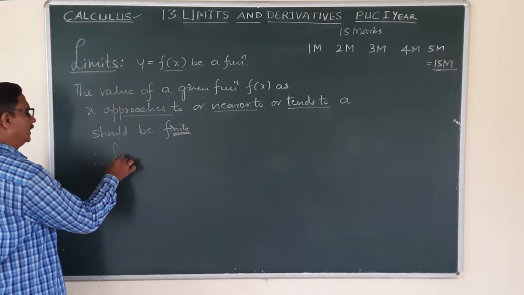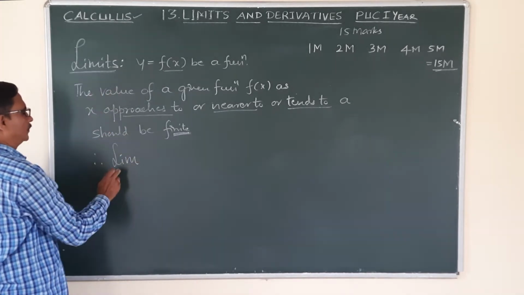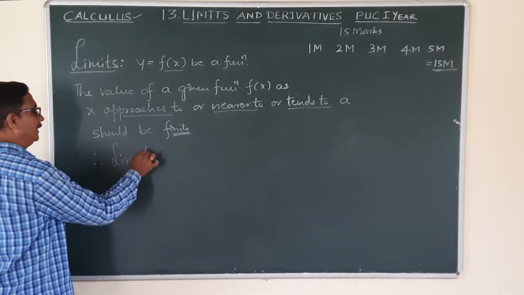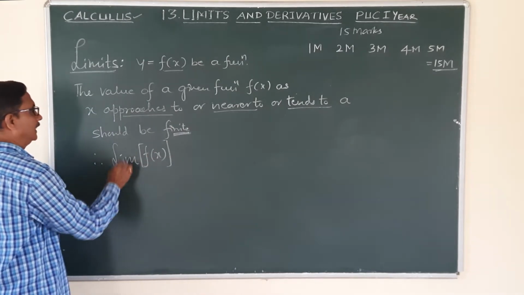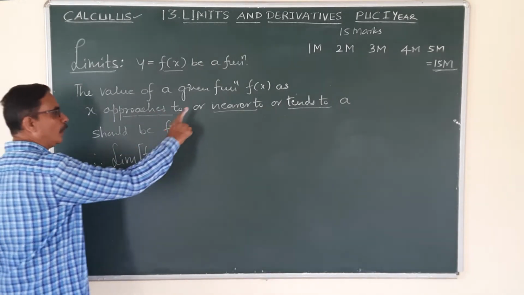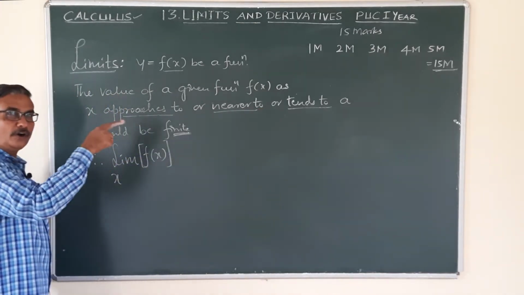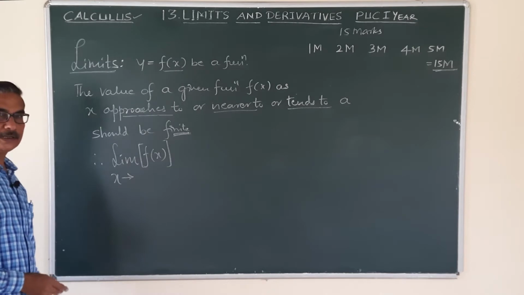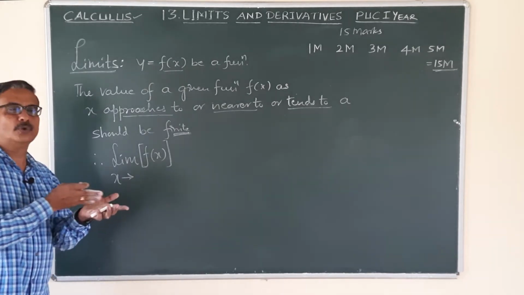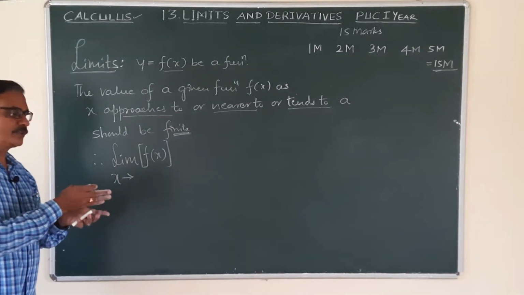Symbolically, we write lim, short for limit, of the function f of x as x approaches to, or nearer to, or tends to, denoted by an arrow mark. That arrow mark indicates nearer to, tends to, approaches to.